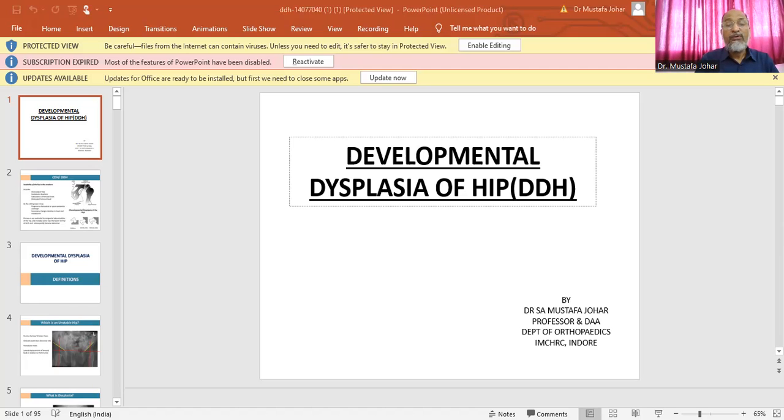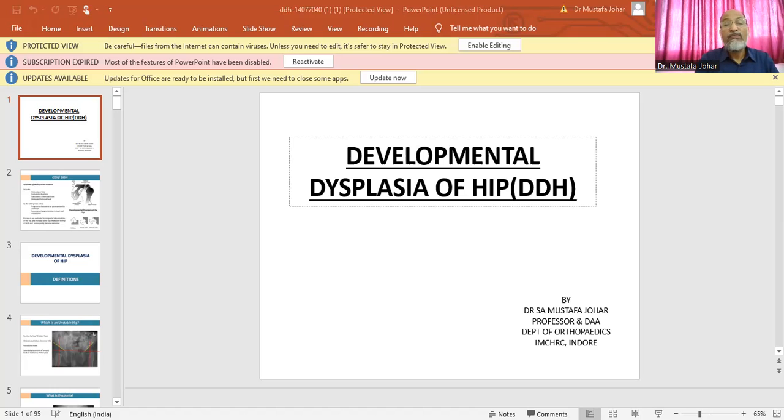So in this, usually the treatment is unsuccessful and closed reduction is not successful, and you may have to go for open reduction at 6 months of age. In the initial 6 months, you can try all the non-operative methods like using different kinds of braces, Pavlik harness, and so on and so forth.